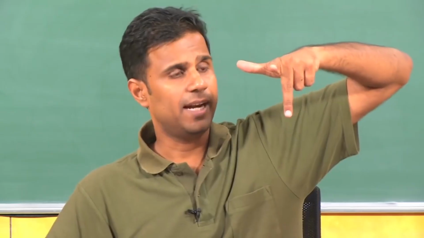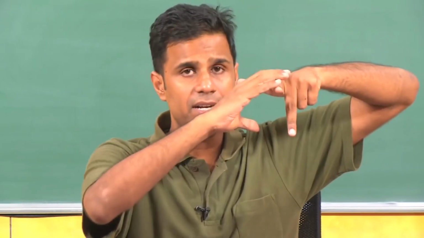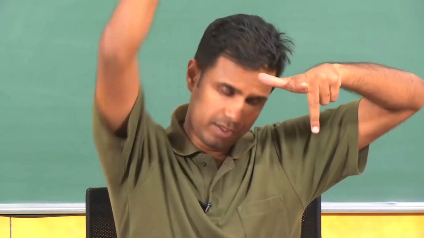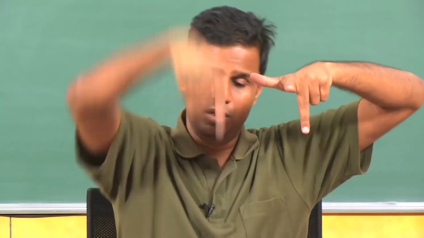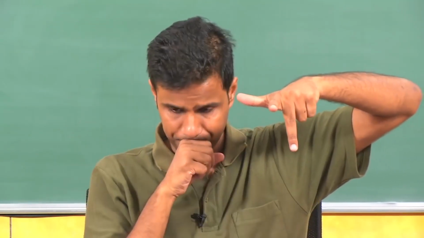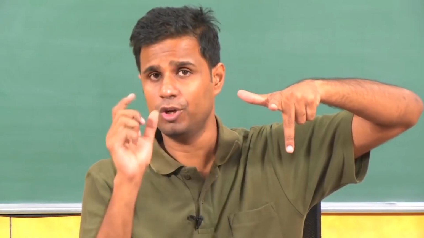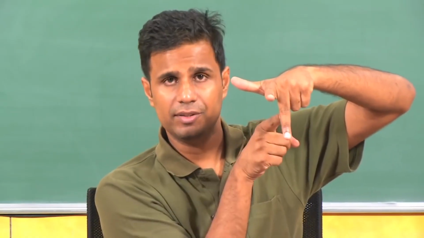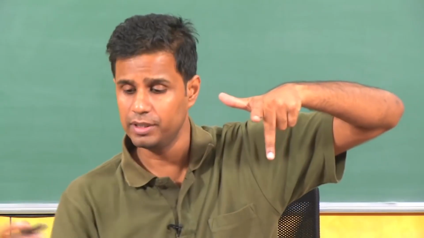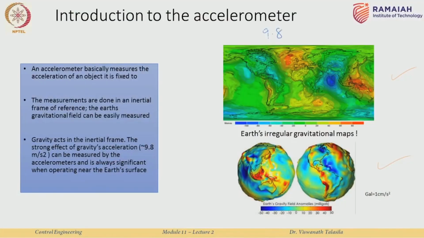Every time you place an accelerometer at a perfectly leveled position, so the vertical axis is pointing directly towards the Earth's vertical axis, what you are actually going to measure is a non-zero quantity along the vertical axis, and that non-zero quantity is basically 9.8 meter per second square, your gravitational acceleration. So, even if you are perfectly stationary, place an accelerometer anywhere on Earth, you are going to measure Earth's gravity.